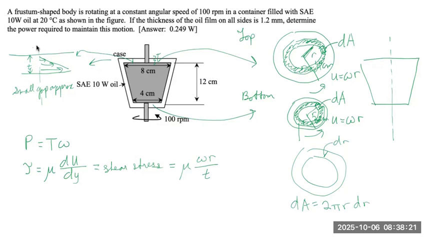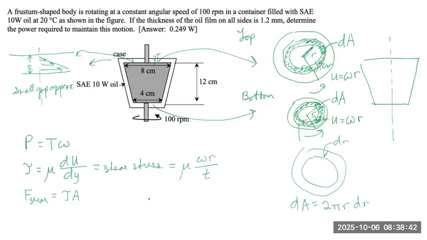Now we're going to have to relate this shear stress to torque, but first we have to relate it to shear force. So let's call shear force equal to shear stress times area.